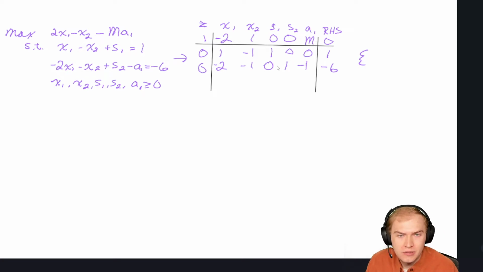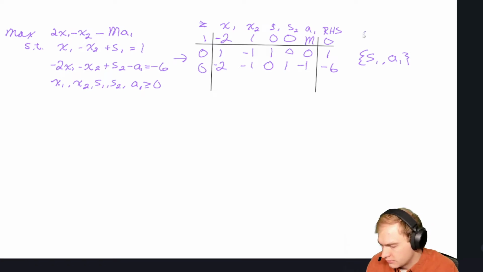All of our slack variables that are infeasible, that are in the basis, so in this case it's just S2, we're going to get rid of that S2 and put in A1.